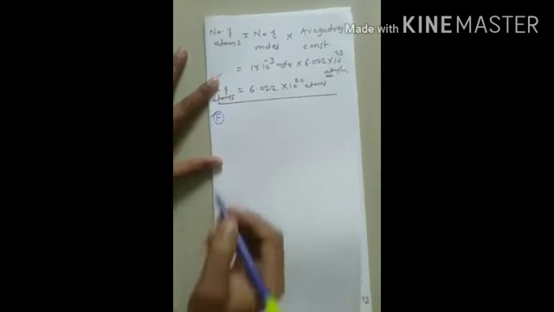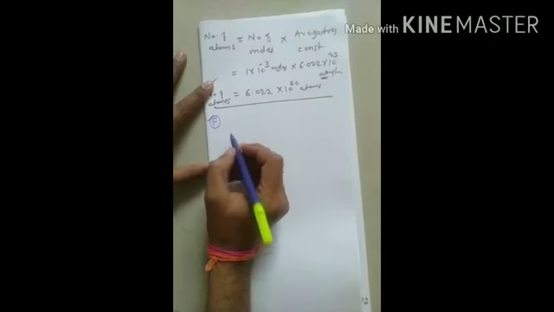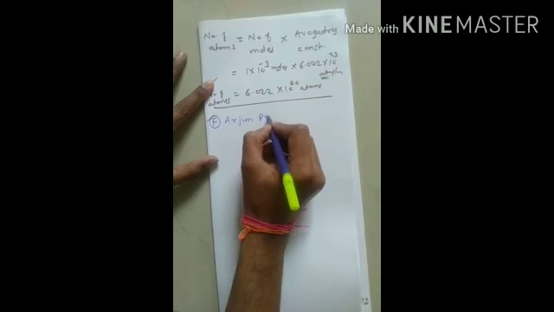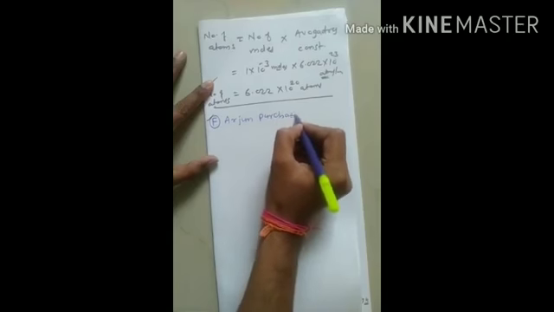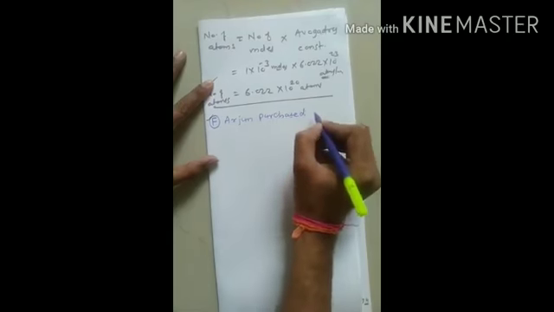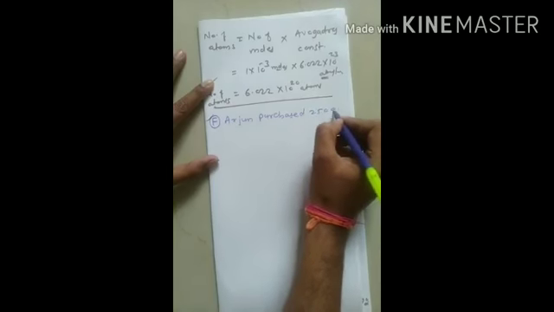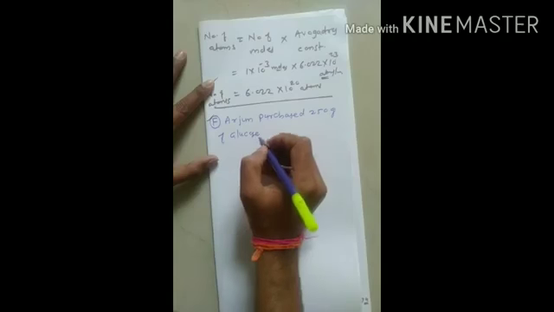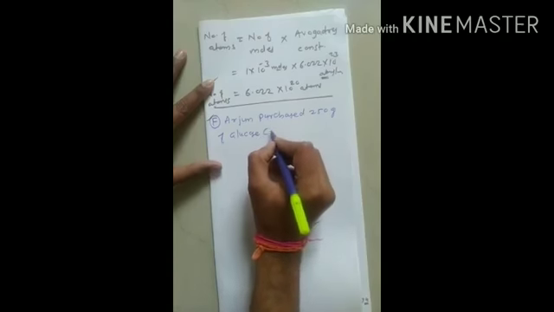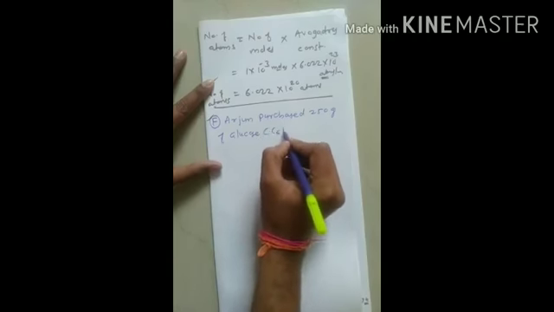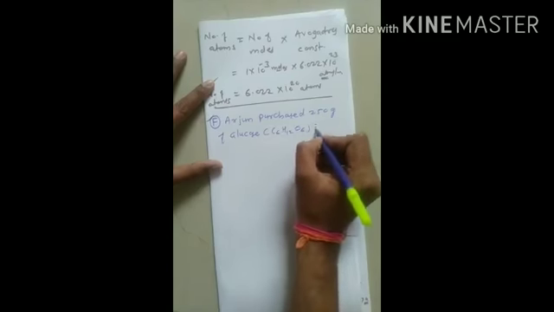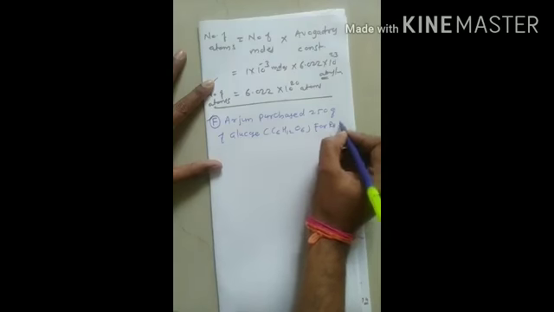So the question is like this: Arjun purchased 250 gram of glucose, chemical formula C6H12O6, for rupees 40.